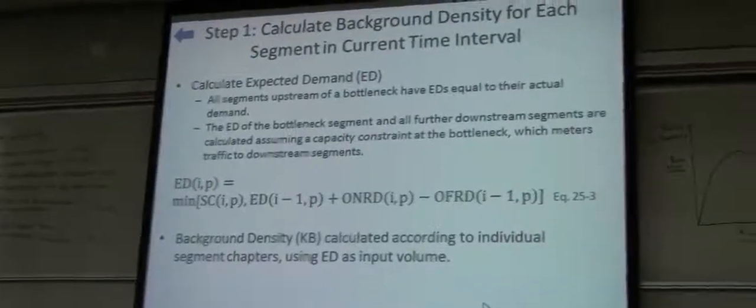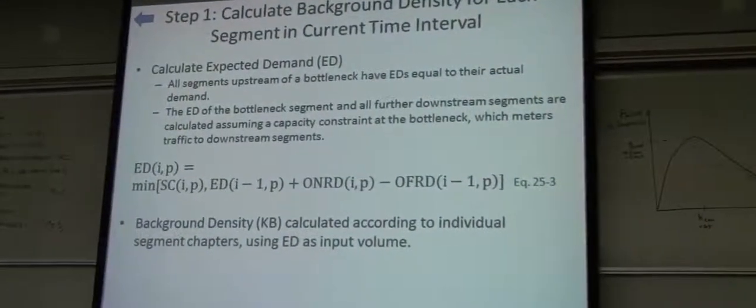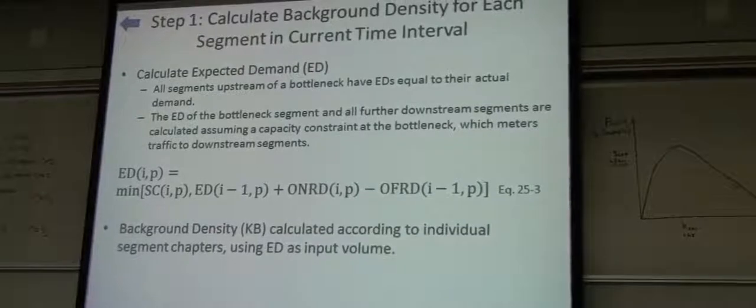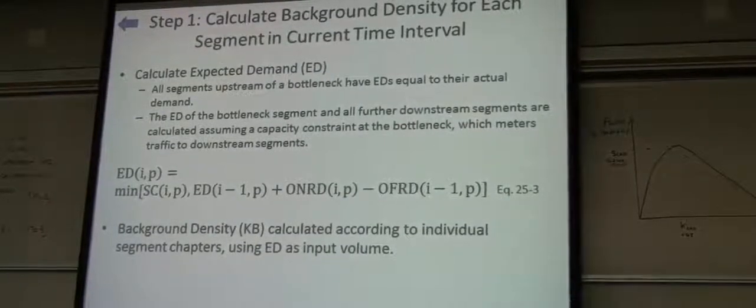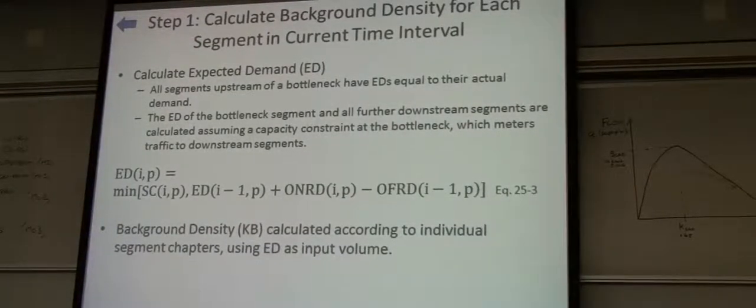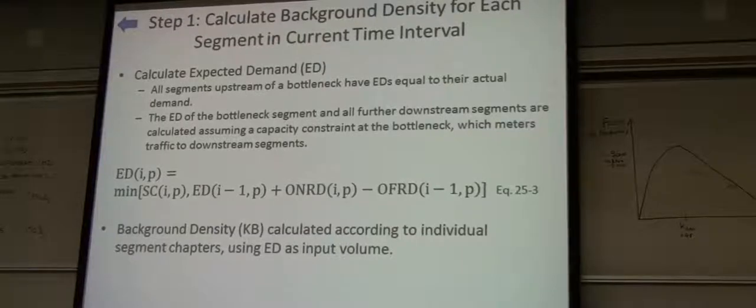The demand is obviously influenced by the bottleneck, and you have to determine if you have a bottleneck based on a comparison of the demand and the capacity, obviously. Is there any case in the procedure where the capacity changes?